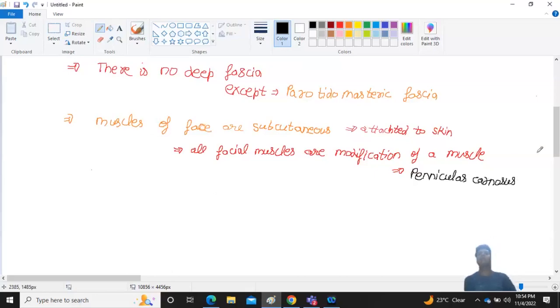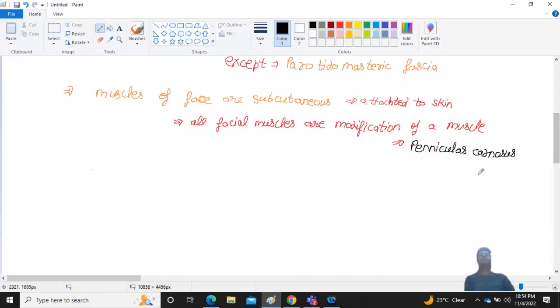It is a muscle present in lower animals, which is present subdermally and helps in moving the skin. It is present basically in dogs and cats.